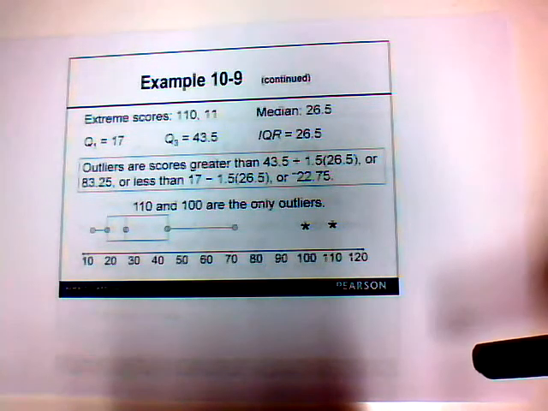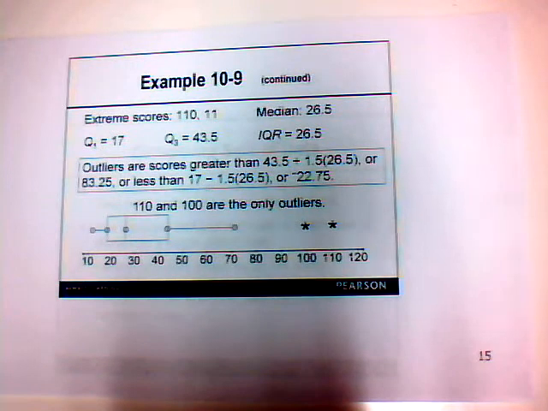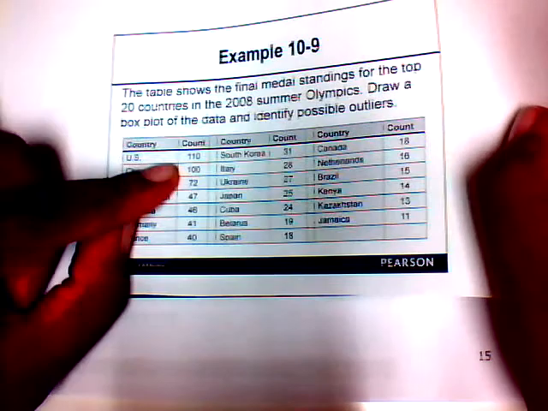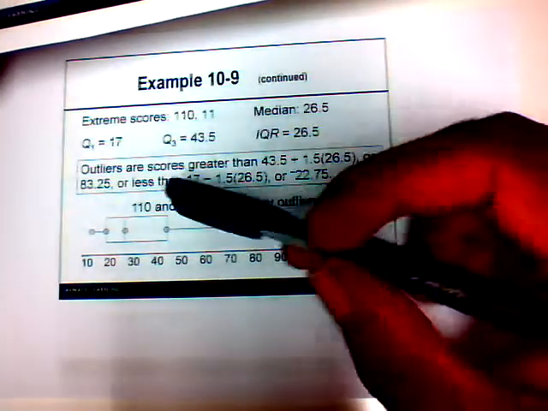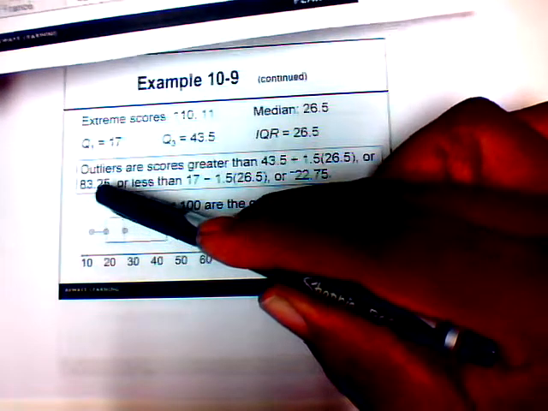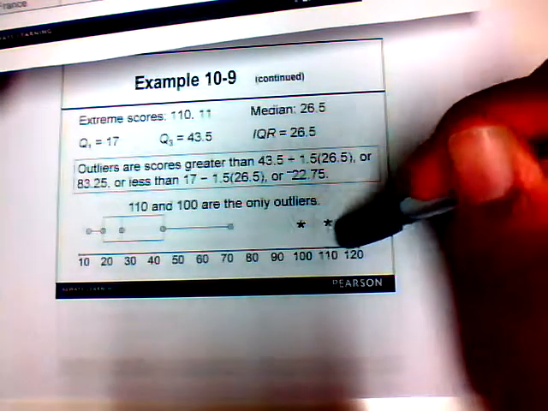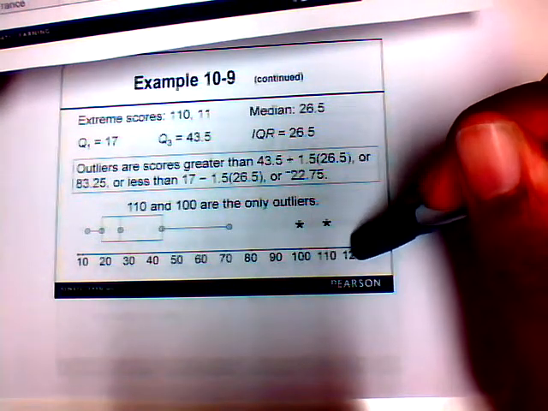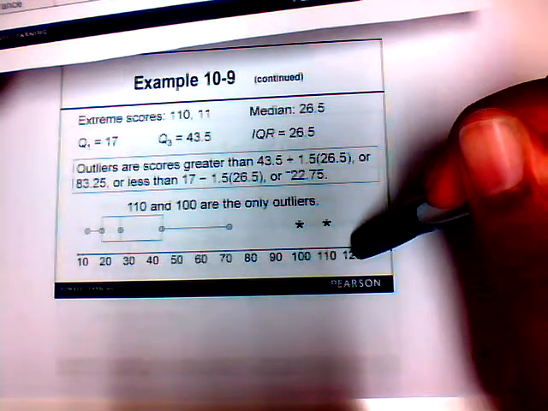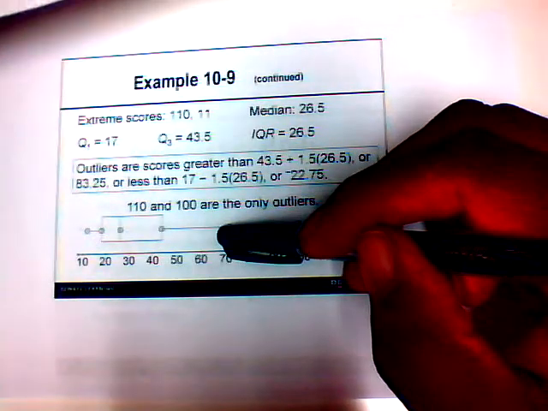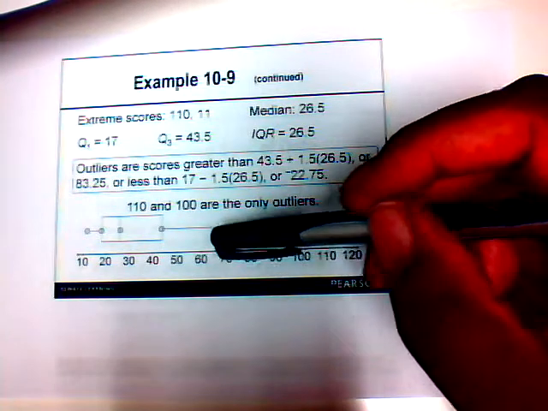Okay, so if you were to look at that data, you can see that 100, 110, and 100 are bigger than 83.25. So those two data values will be considered outliers. Okay, and this is what the box and whisker plot will look like for that set of data.